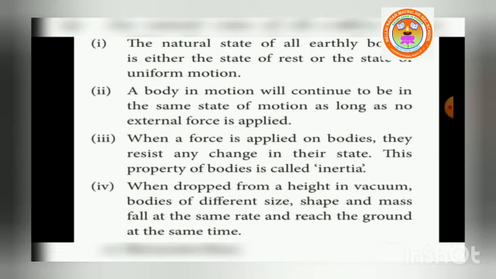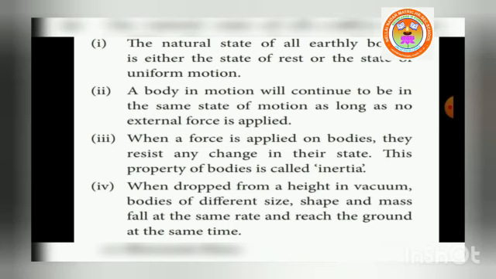Point number two, a body in motion will continue to be in the same state of motion as long as no external force is applied. Point 3. When a force is applied on bodies, they resist any change in their state. This property of bodies is called inertia.